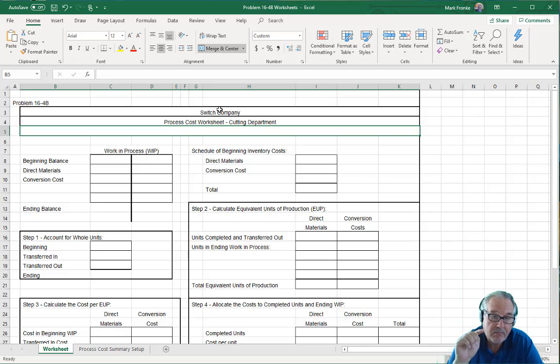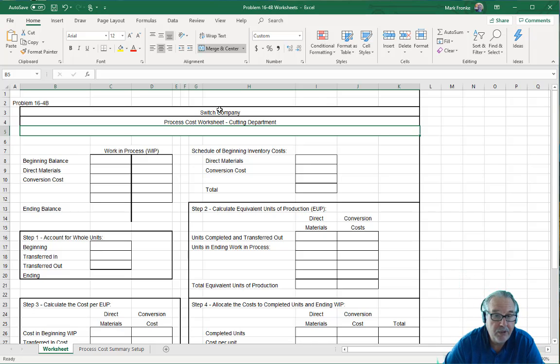And the work in process account for the cutting department is what we're going to be tracking through here. So we would have a work in process account for the cutting department, we would have a work in process account for the assembly department, and then of course we'd have finished goods where it goes after it's done assembling.